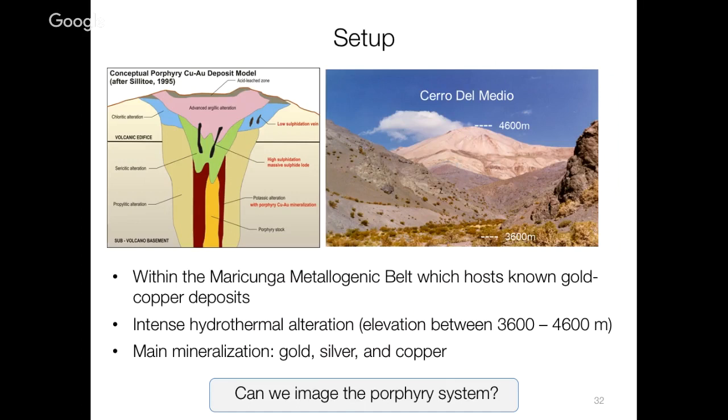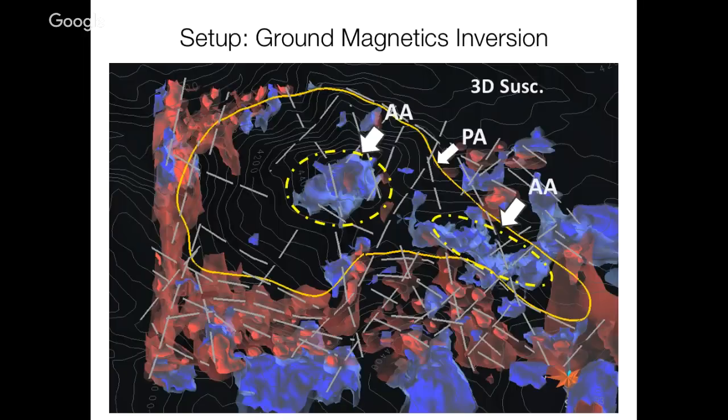It's a porphyry stock. There's alteration products that are going on. We've got potassic alteration, we've got propylitic alteration. There's regions of high sulfidation up here, and the question is, can we find something like this in this environment? And what do we do?